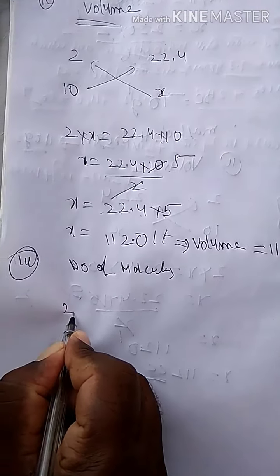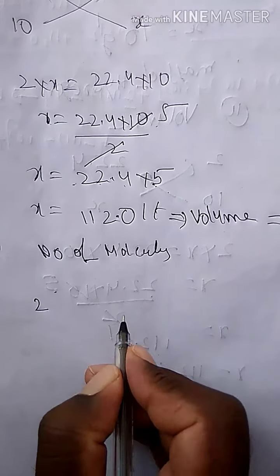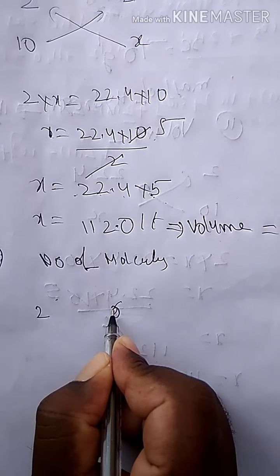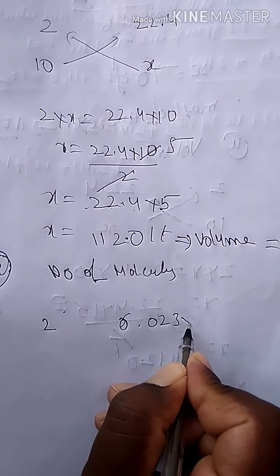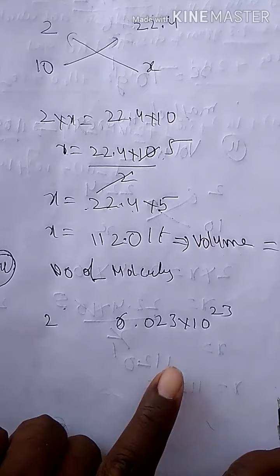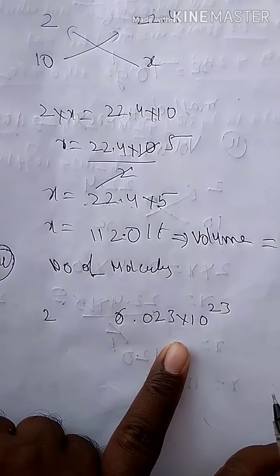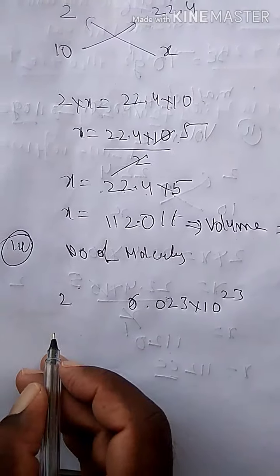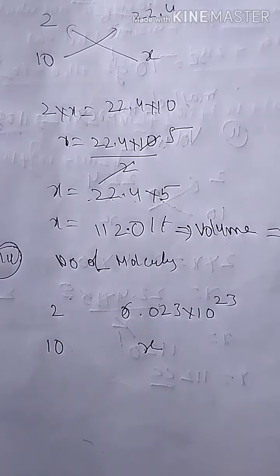So for 2 grams of hydrogen at the STP, the number of molecules is fixed. 6.023 into 10 power 23 is a fixed value for the STP. Number of molecules are fixed for the STP conditions. But the second time, we got how much hydrogen mass? 10 grams is the question mark.